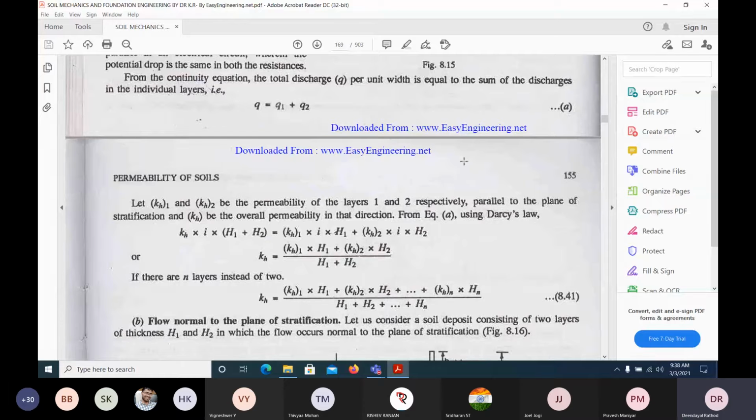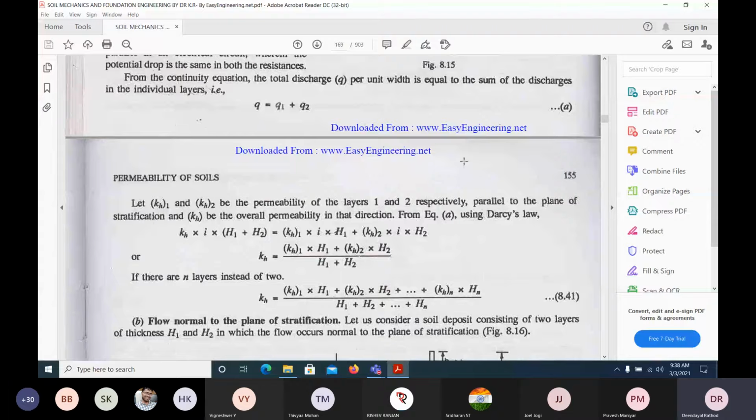Parallel to the planes of stratification, the overall permeability in that direction, using Darcy's law, kH is equal to the sum over all layers. Is it clear?